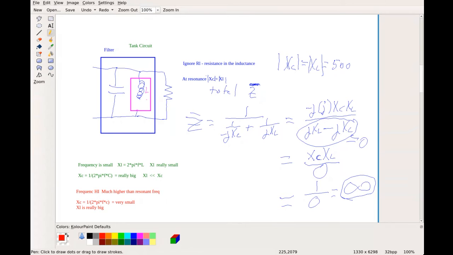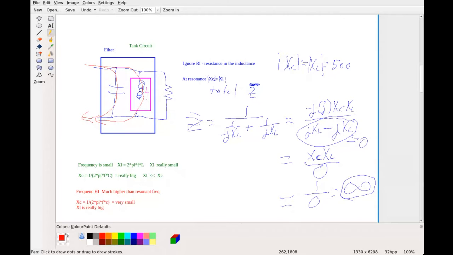But if the frequency is well below the resonant, or much higher than that, then the current is going to find a way through one of these. Remember, current follows the path of least resistance.